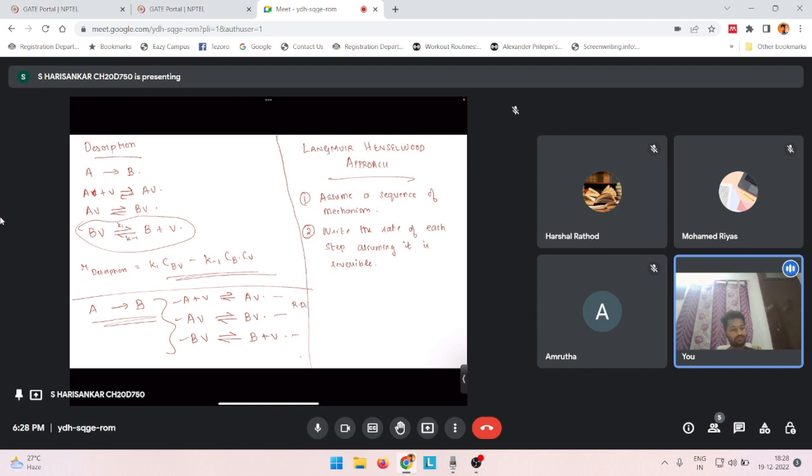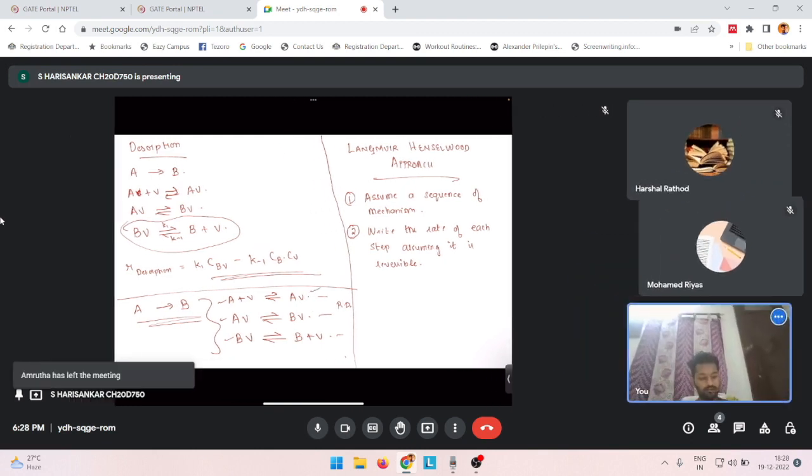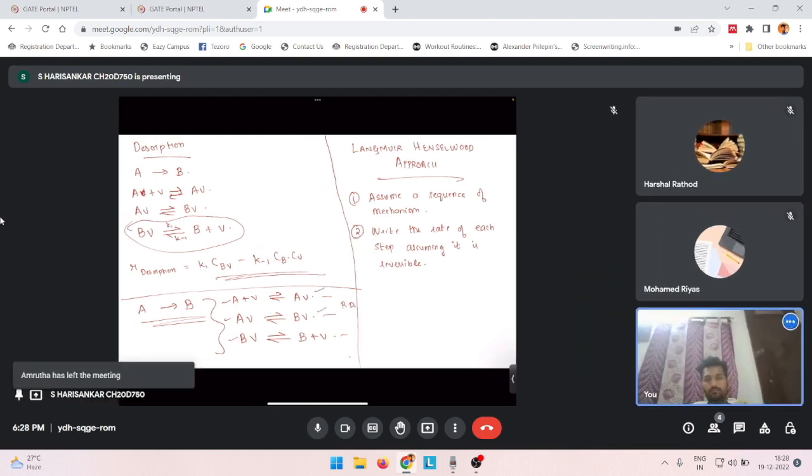The first step is we had to assume three steps, which are adsorption, then the surface reaction, and then desorption. So we assumed the sequence of these three steps and we wrote the reaction rate equation for it.